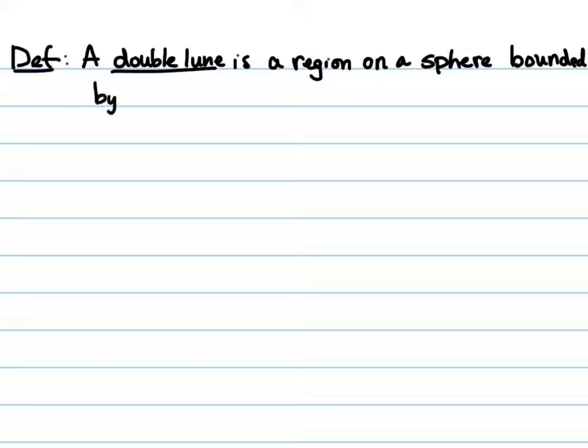A definition. A double lune is a region on a sphere bounded by two great circles.